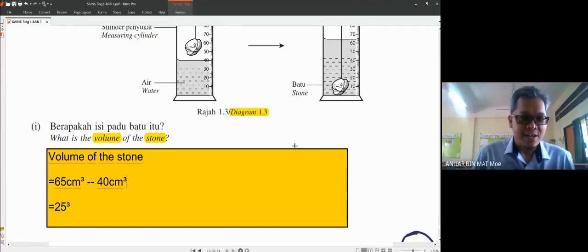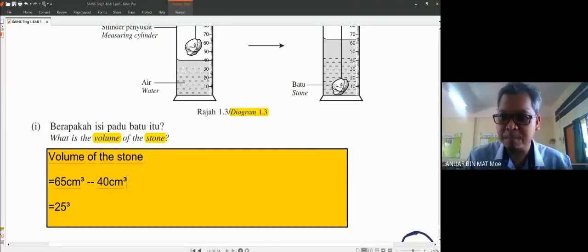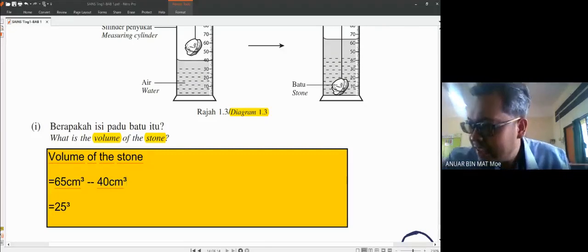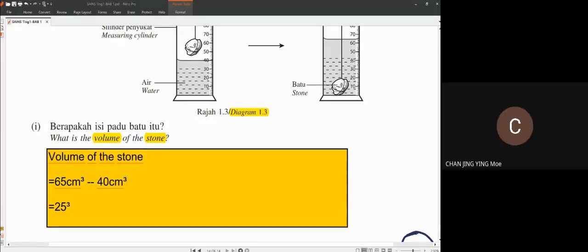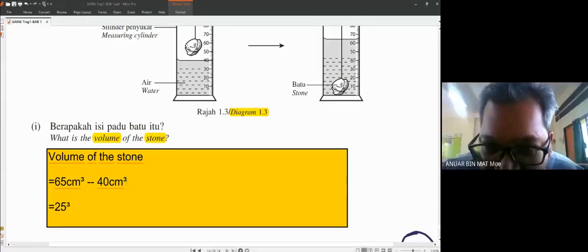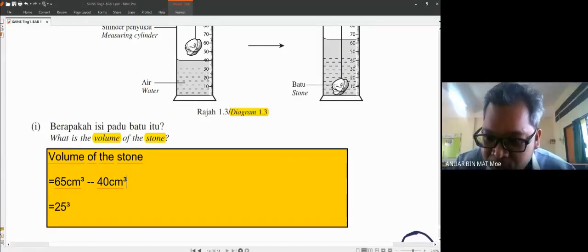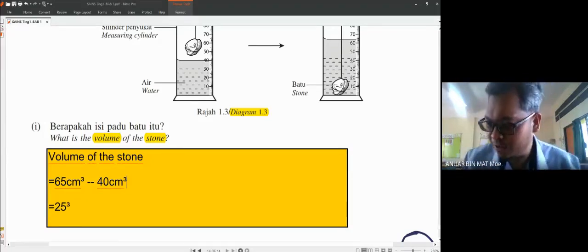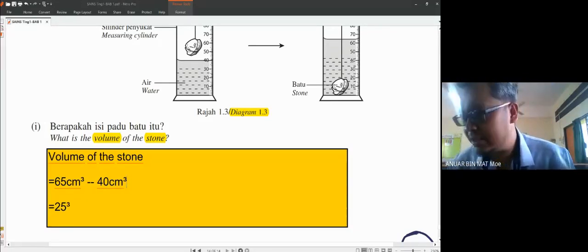So this is the answer from Kaini, right? Is it correct? Yes, but she forgot to write the unit. Okay, we try to check it one by one.